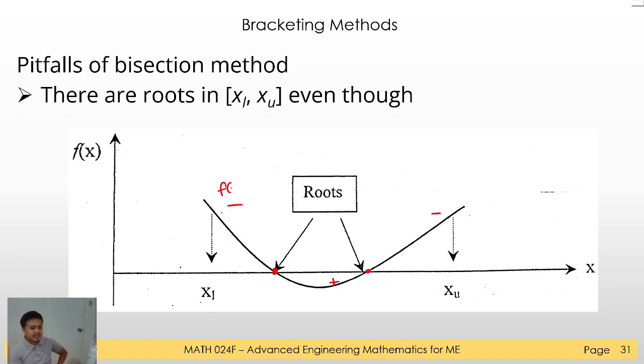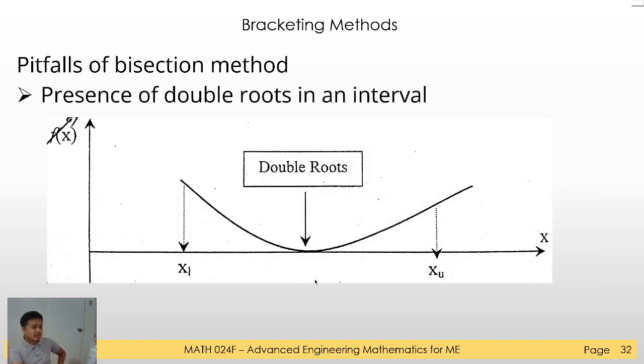Since the f of x here will be negative, the f of x here will also be negative, f of x here will be positive. So sometimes if our incremental search is too large, we might not get this f of x here. So we might not find the roots, no?